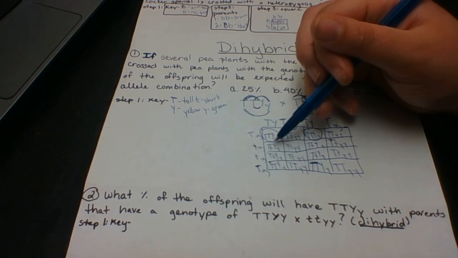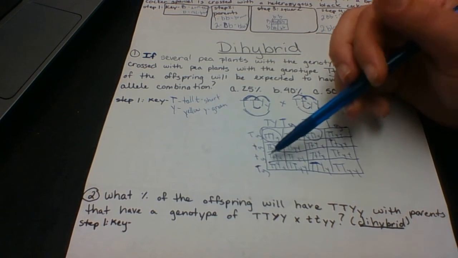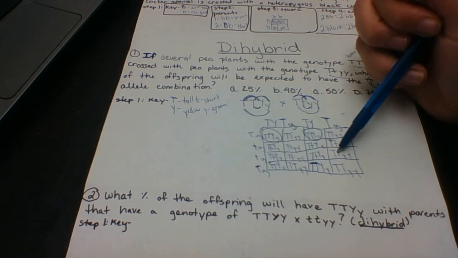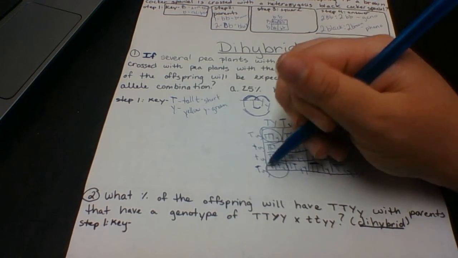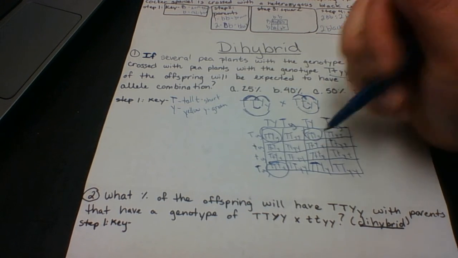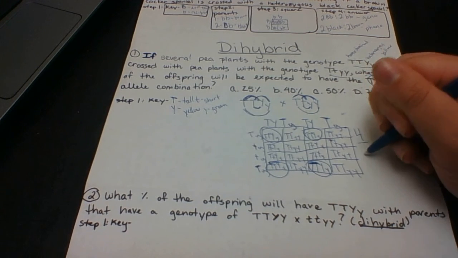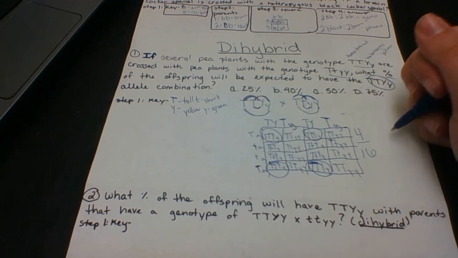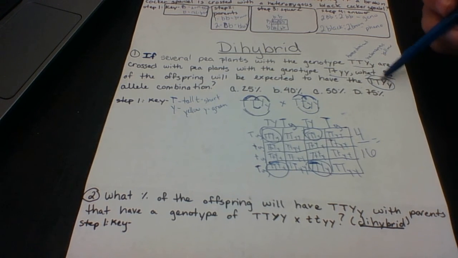Not that one. Not that one, because it has a little t, little t. No, that one. This one. 3. And 4. So 4 out of 16 have this genotype, this allele combination.